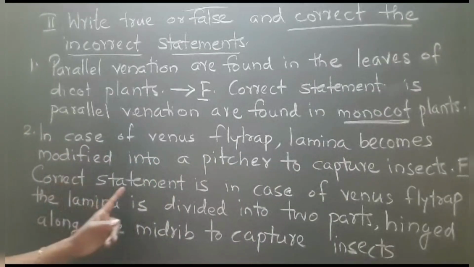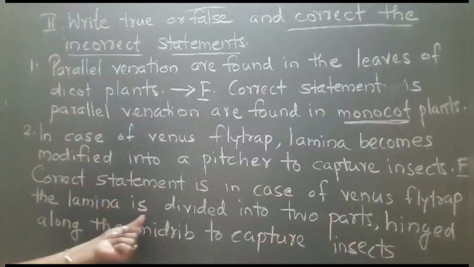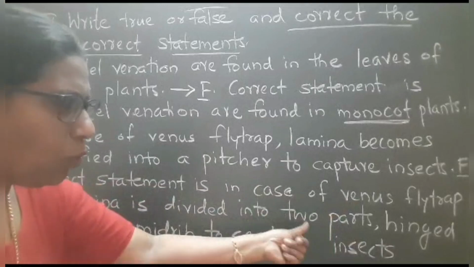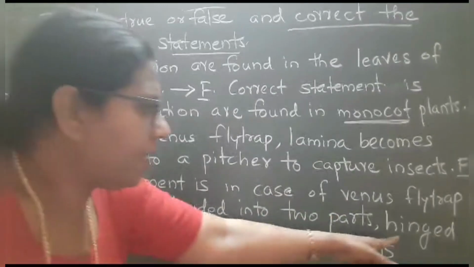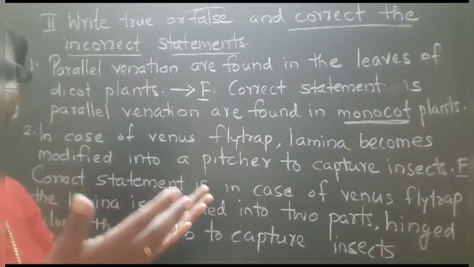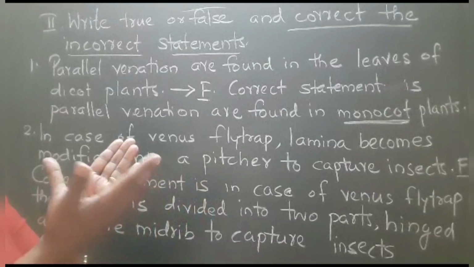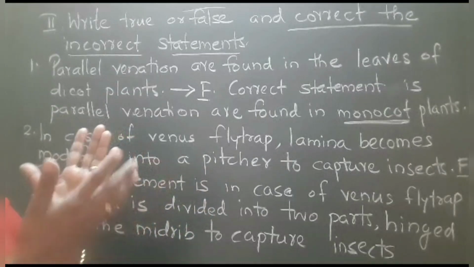The correct statement is in case of Venus flytrap, the lamina is divided into 2 parts, hinged along the midrib to capture insects.